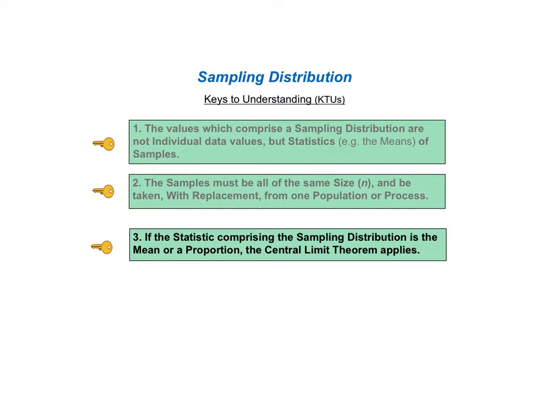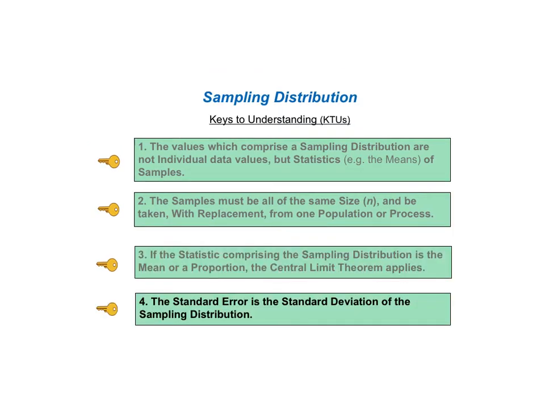The third key to understanding tells us that if the statistic comprising the sampling distribution is the mean or a proportion, the central limit theorem applies. And the fourth key to understanding tells us that the standard error is the standard deviation of the sampling distribution.